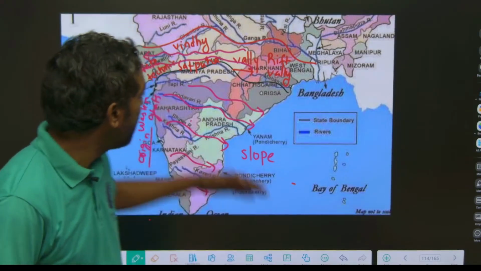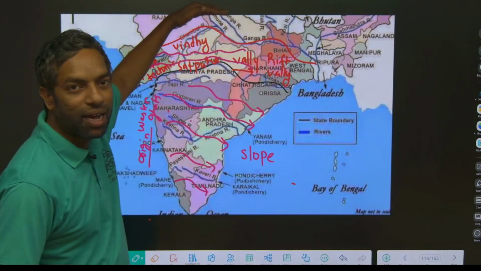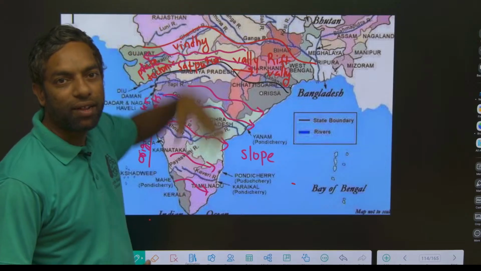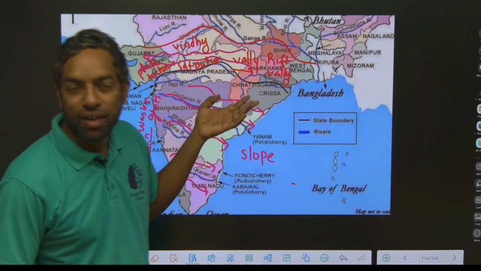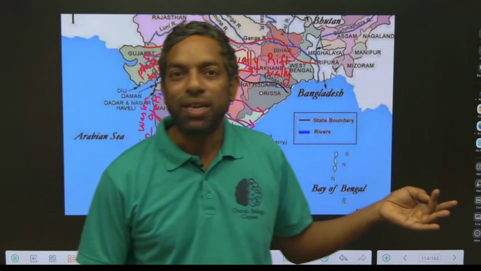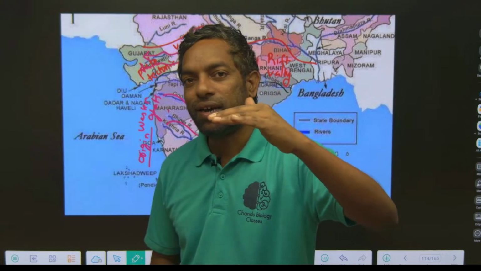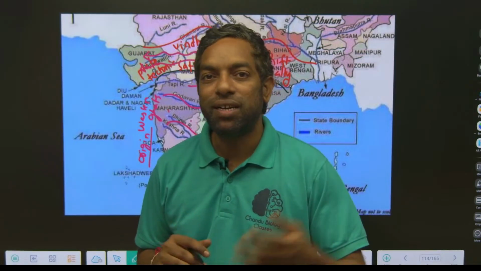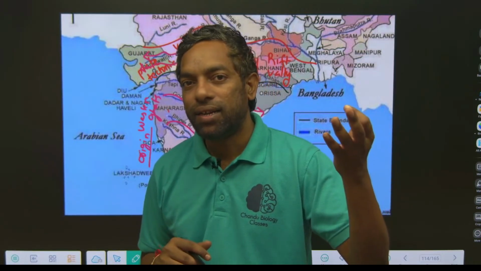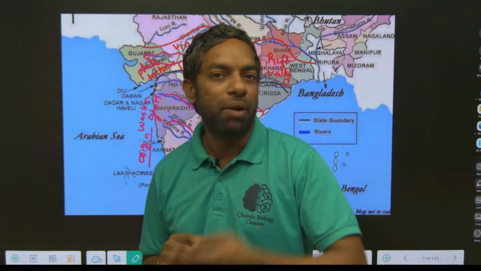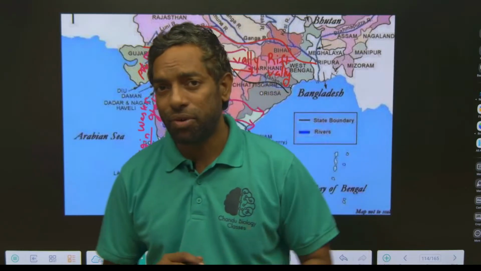The perennial river system is in the completely northward areas: Jammu Kashmir, Himachal Pradesh, Uttar Pradesh, Bihar, West Bengal, Punjab and Haryana. These ranges have mostly perennial rivers, where the Himalayan snow melts and forms rivers, like the Ganga, Indus and Brahmaputra and their tributaries.